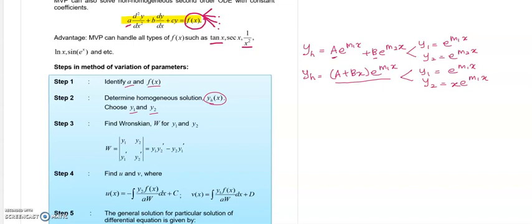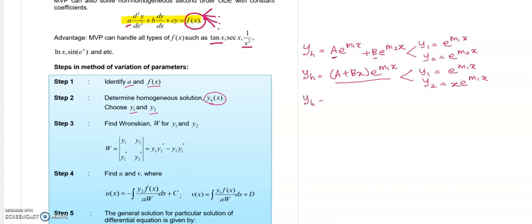The first one is A e^(m1 x), and the second one is Bx e^(m1 x). If we ignore the constants A and B, then these are our y1 and y2, without the constants. I hope you are clear about how to choose y1 and y2.